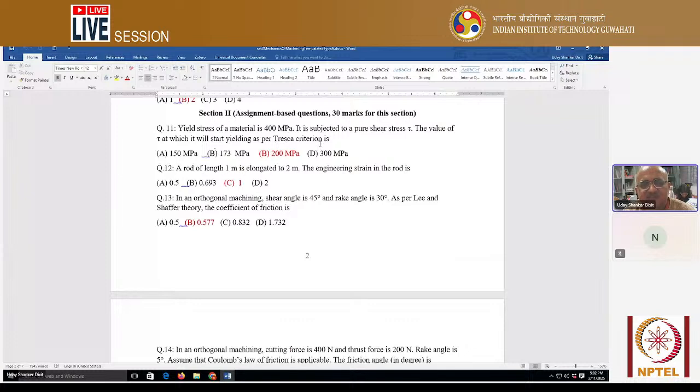Similarly, a rod of length 1 meter is elongated to 2 meters. What is the true strain? It is the natural log of the final length divided by the initial length, so ln(2/1).